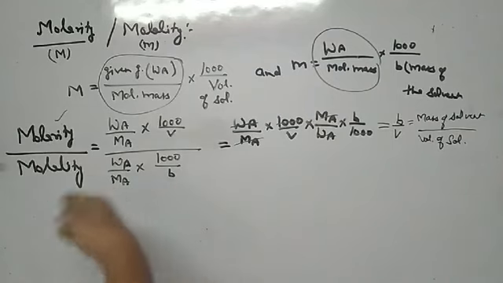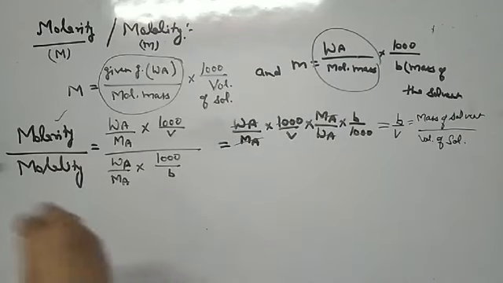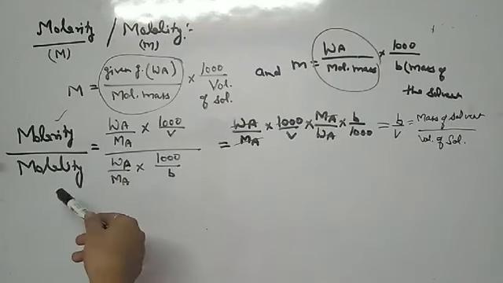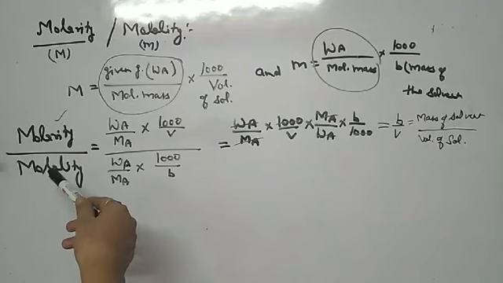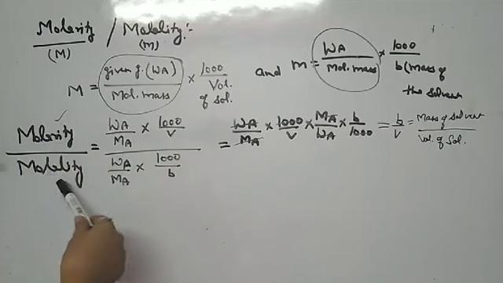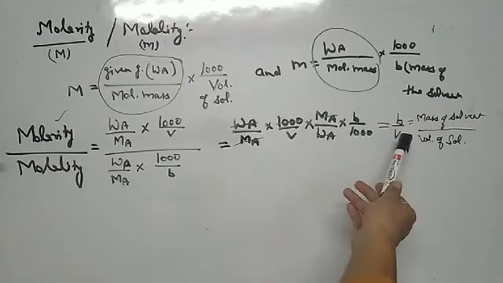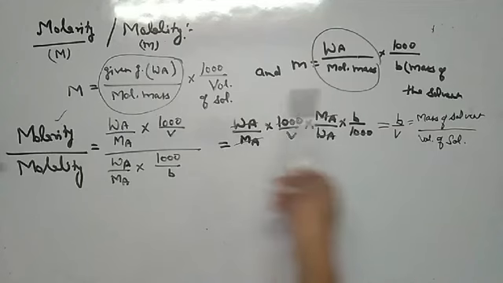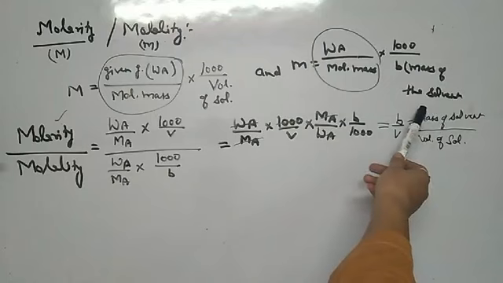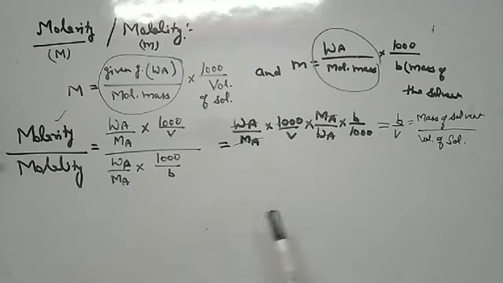You may skip all these steps. If a numerical gives the value of molarity and molality directly, at that time you may use this formula. Molarity upon molality is equal to the mass of solvent upon volume of the solution.